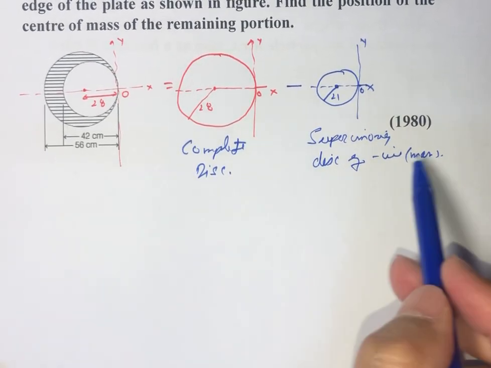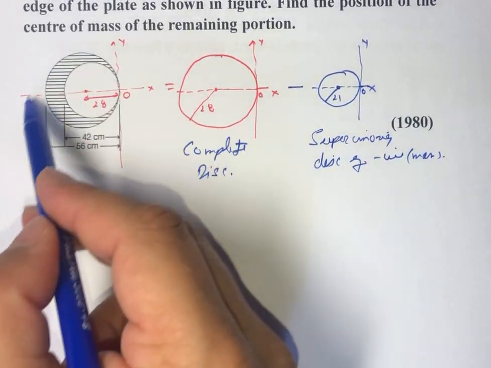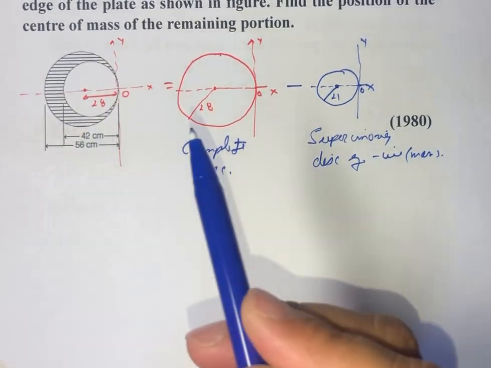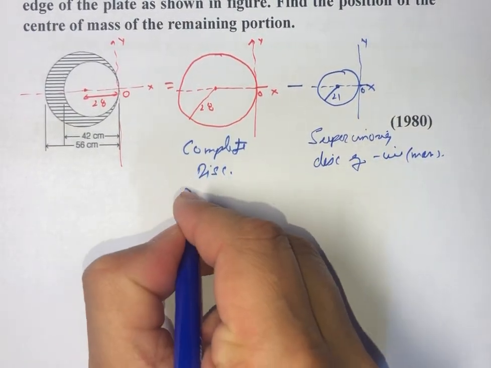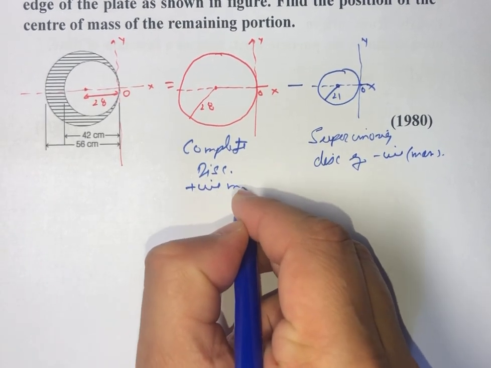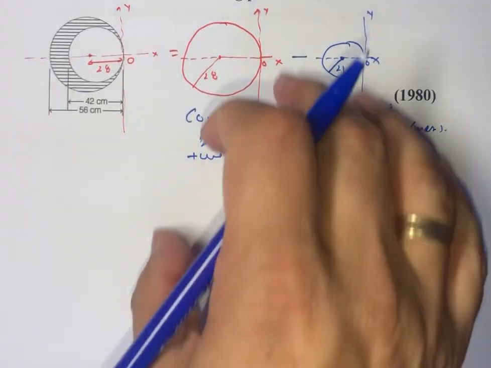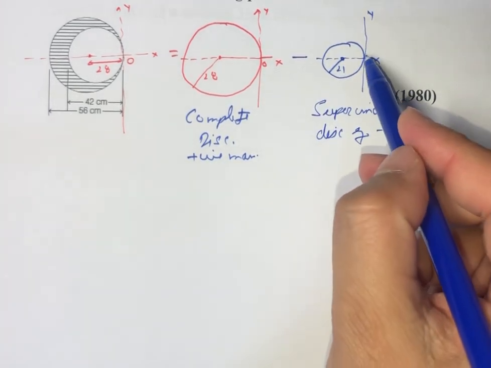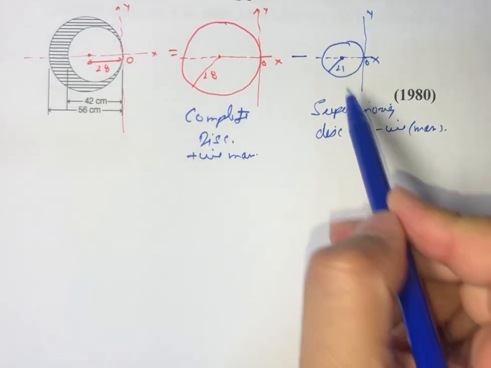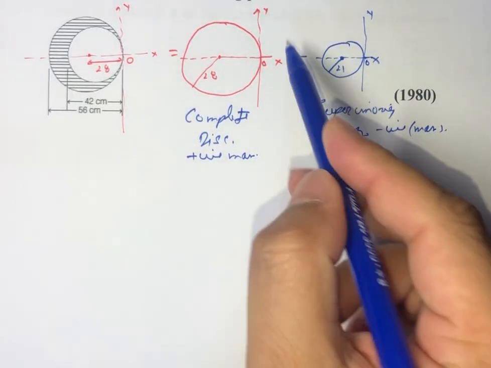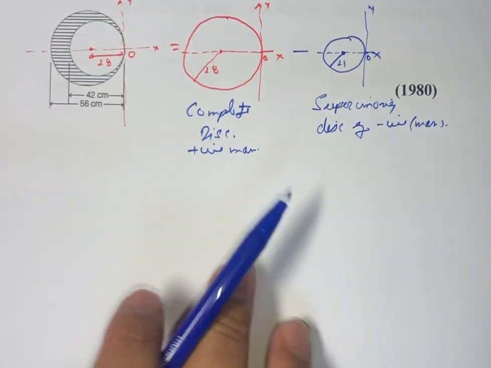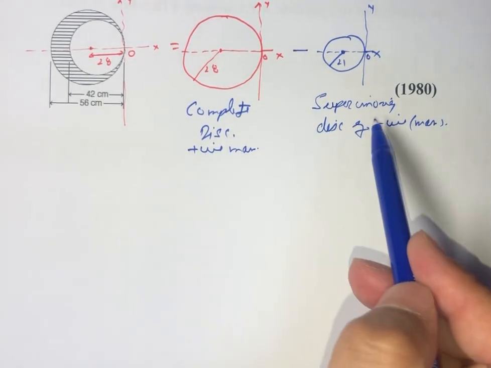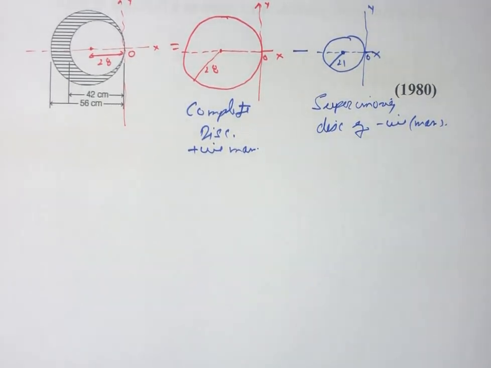So the combination of these two will be giving us this particular figure. So a complete disc which is having a positive mass, from this complete disc we are going to superimpose a smaller disc of radius 21 which is having a negative mass and giving us this particular figure which is having the combination of complete disc as well as superimposing disc.